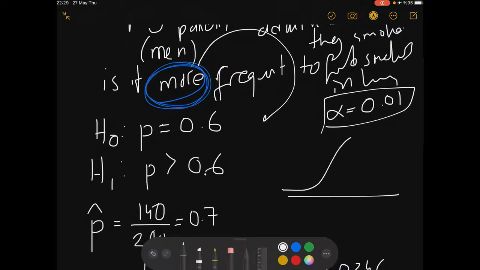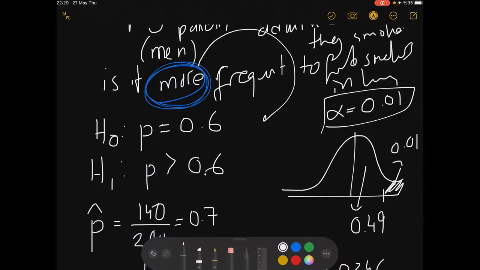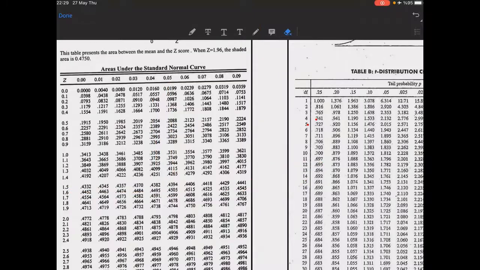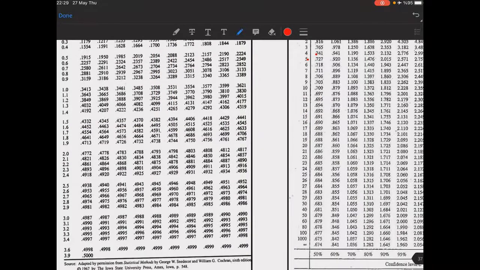So it means that I'm looking for that critical value here, which is 0.01, but what is left for here is 0.49, right? So I will look at the corresponding value for 0.49 here. Where is it? It is somewhere around here, right?